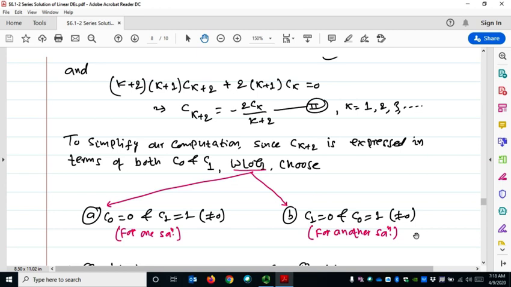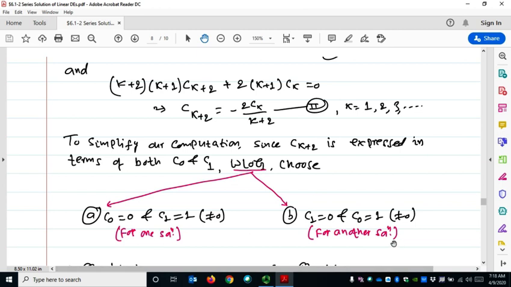Let me pause here and remind you, we have two solutions. In the general form it goes c0 times one solution plus c1 times another solution. We can use c0 as arbitrary, but just for computation purposes, let's take c0 is 0 without loss of generality, and c1 is 1, to find the one solution.